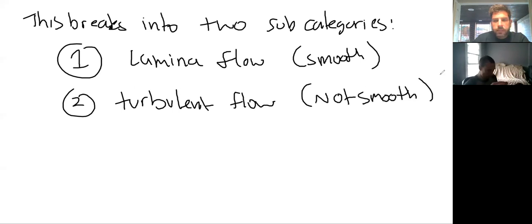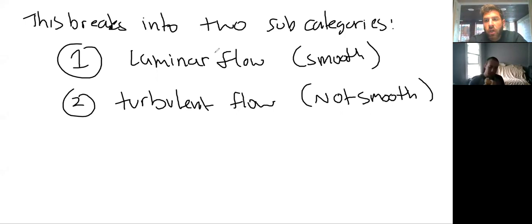Now, these are not scientific definitions. The best way you can think about it is the pattern of laminar flow doesn't change. So it's sort of like if you turn your spigot on in your kitchen, you can think of that as laminar flow. It has the same pattern.